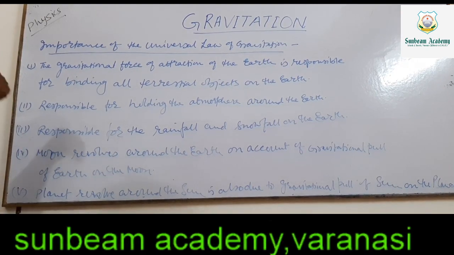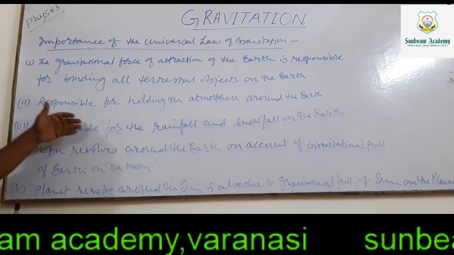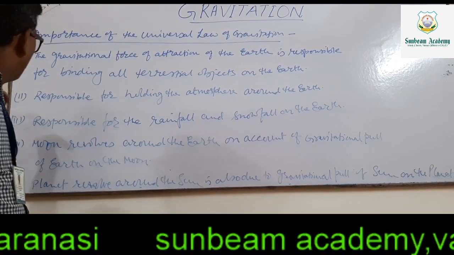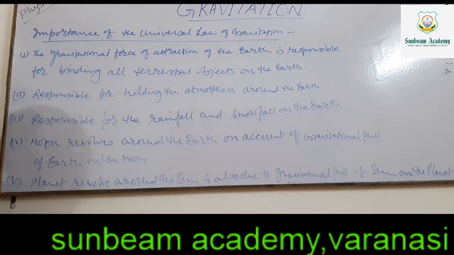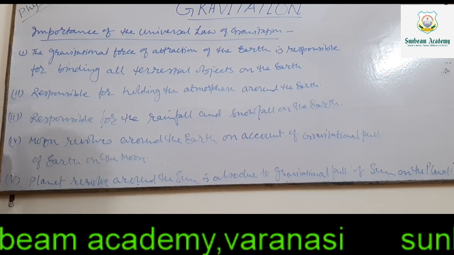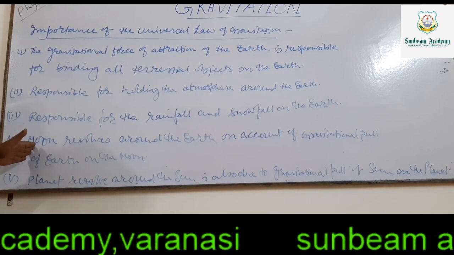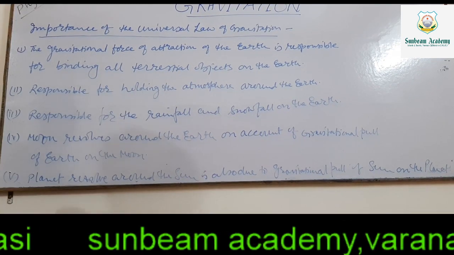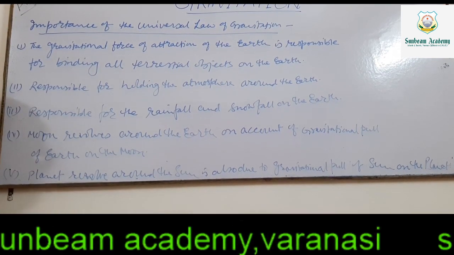Third, it is also responsible for the rainfall and snowfall on the earth. Fourth, it is this gravitational force which helps the moon revolve around the earth on account of the gravitational pull of the earth on the moon.